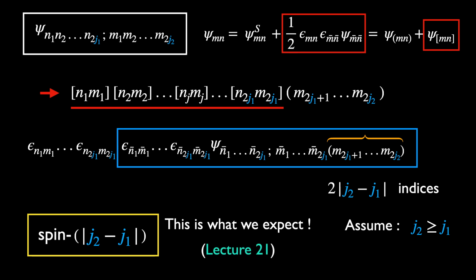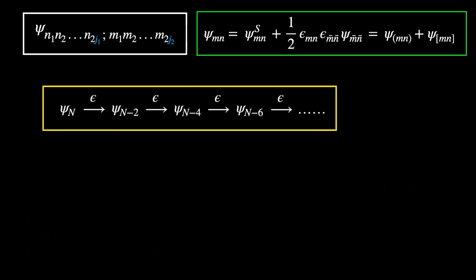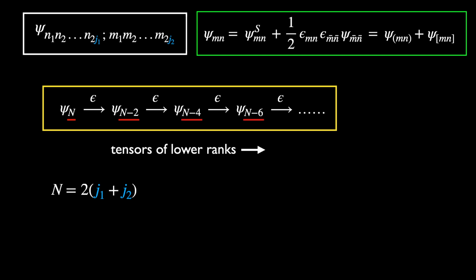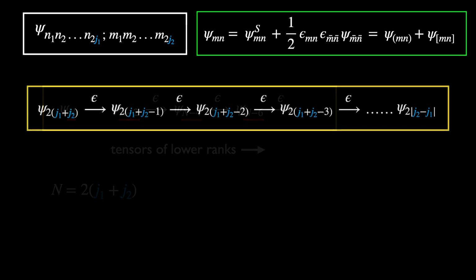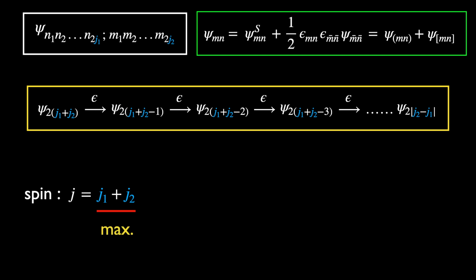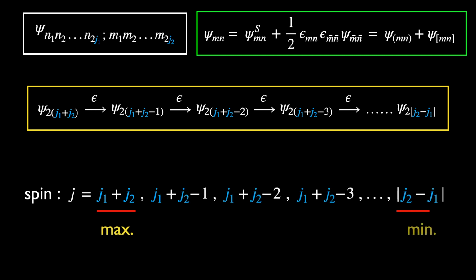As mentioned before, no further contraction with epsilon is possible with the remaining indices, as they are all symmetric and would just give 0. Starting with a tensor with 2 times j1 plus j2 indices, we have generated a series of tensors with lower ranks. That corresponds to multiplets of spin equal to j1 plus j2 down to their absolute difference in intervals of 1.